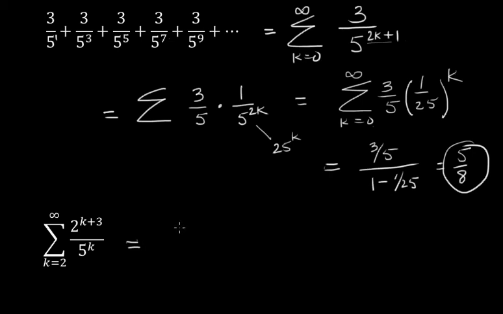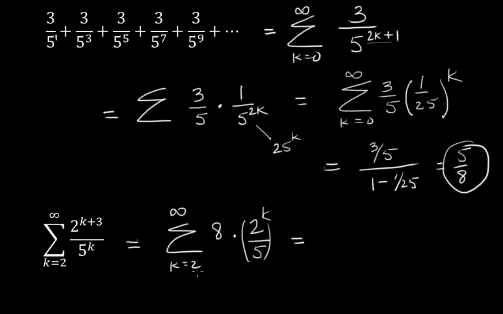Here's another one that will be geometric, but we have to play with it a little bit. We have the sum from k equals 2 to infinity. And let's see, that's 2 cubed, or 8, times 2^k over 5^k. Oh, well, it's just (2/5)^k.